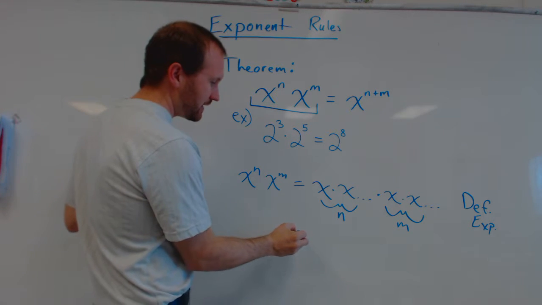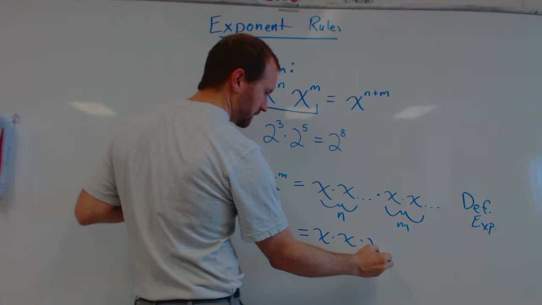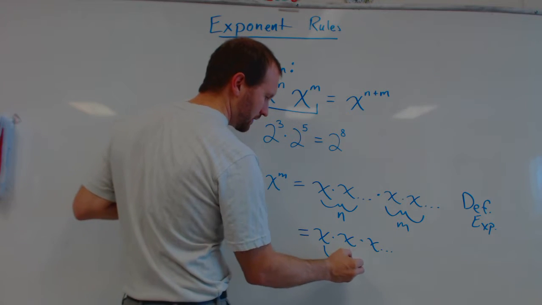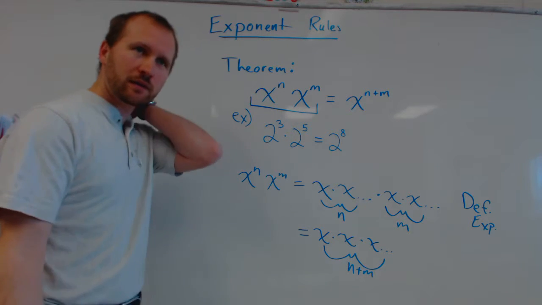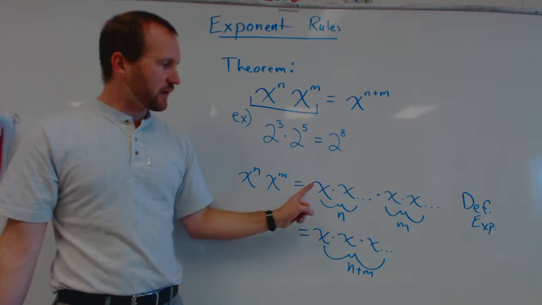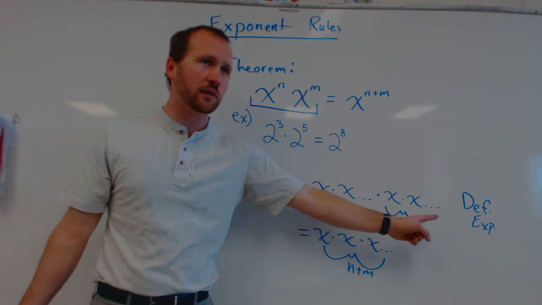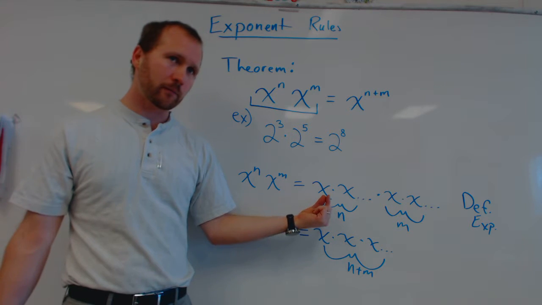Yeah, brilliant. Doesn't this just equal x times x, n plus m times? That's just counting, right? If I have n here and m here and they're all multiplied together, I just have n plus m.